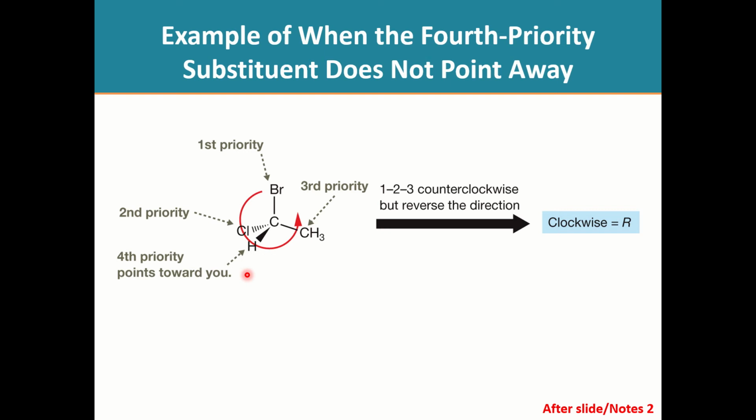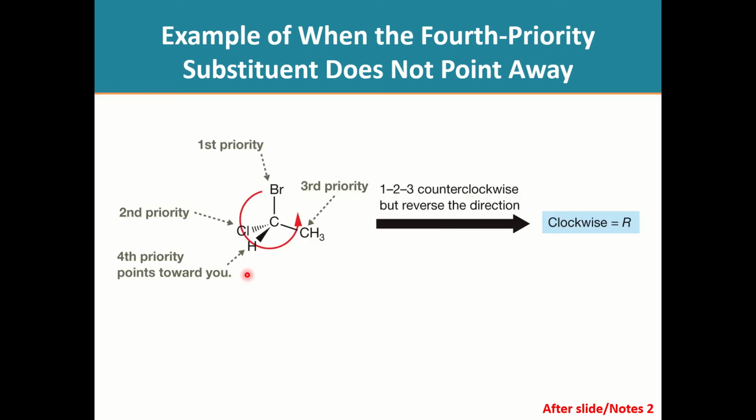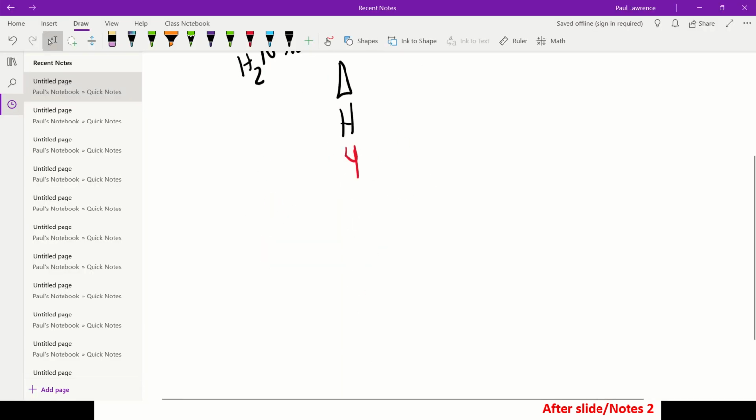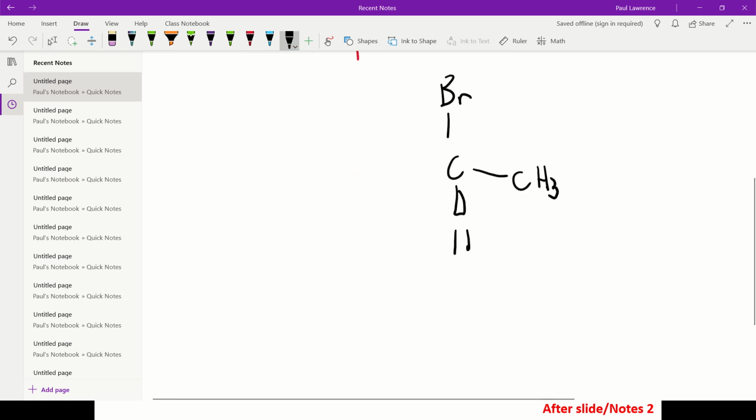So you can do that by rotating about the bond. So let's say here, let's draw this molecule. So what do we have? We had carbon. Let's do a different color. So we have carbon, bromine, methyl group, hydrogen, and then our chlorine.